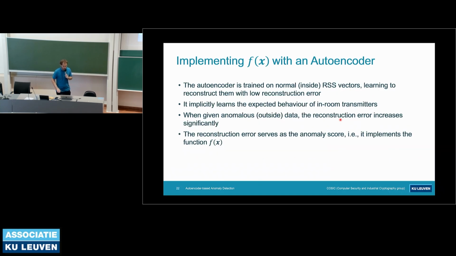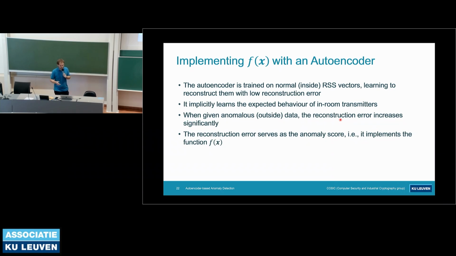So why is an autoencoder good to implement the function f of x? Well, mostly because when the autoencoder is trained on familiar data, it will learn to reconstruct this data with minimal error. Remember, in the initialization phase, we trained this autoencoder with the measurements that come from the inside devices, so inside anchor nodes.